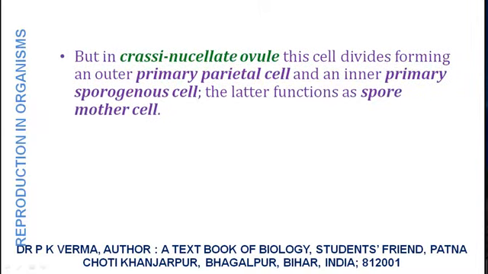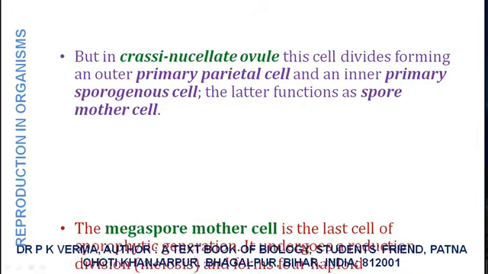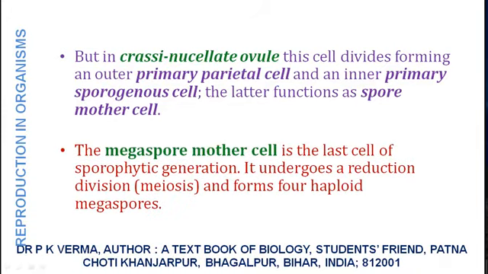In the crassinucellate ovules, the cell divides forming primary parietal cell and primary sporogenous cell. From the primary sporogenous cell, the spore mother cell is formed. In either condition, the spore mother cell undergoes meiosis to form 4 haploid megaspores.